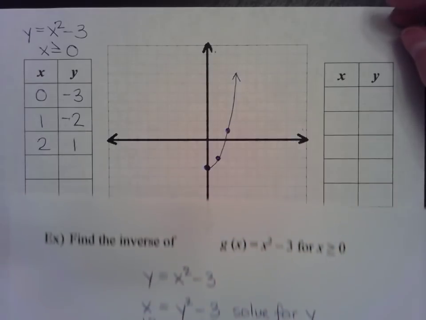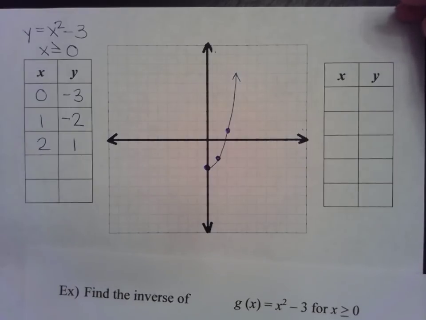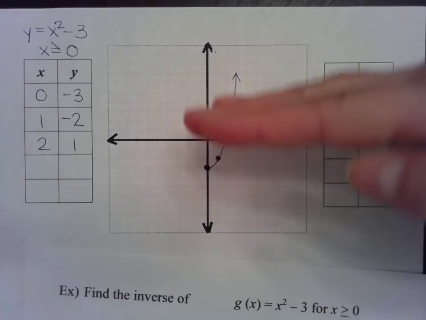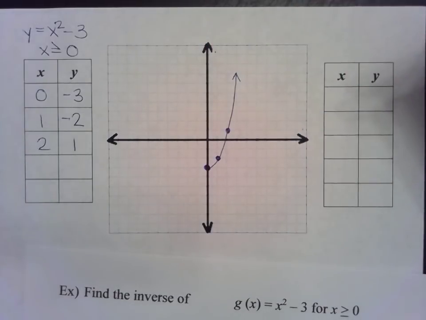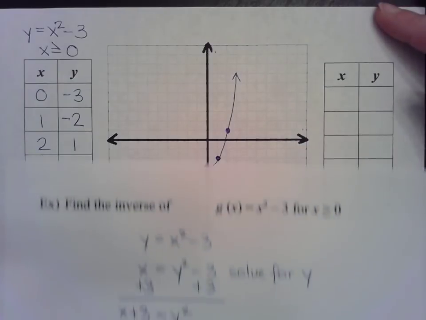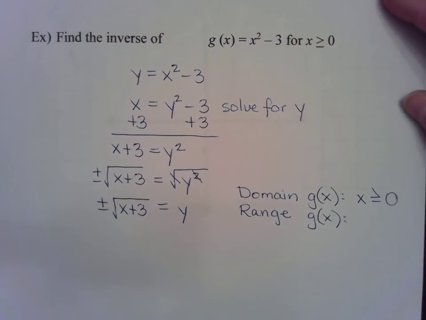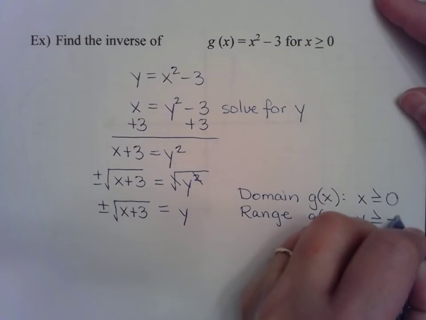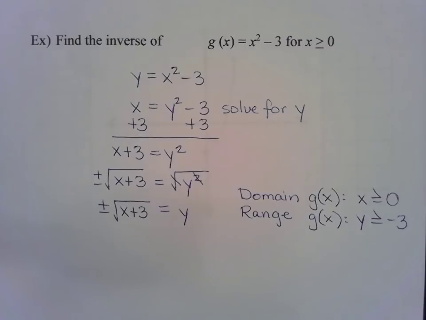So let me pull back to that 1 second. So for the graph, the range would be bottom to top. So what is the lowest y value we have? It would be down here at -3. So all of the y values for g of x are greater than or equal to -3.